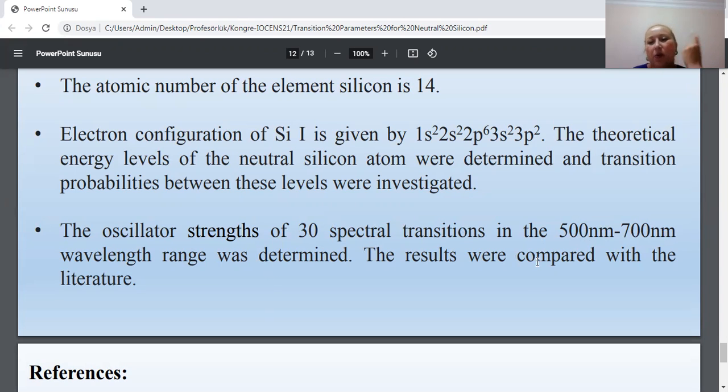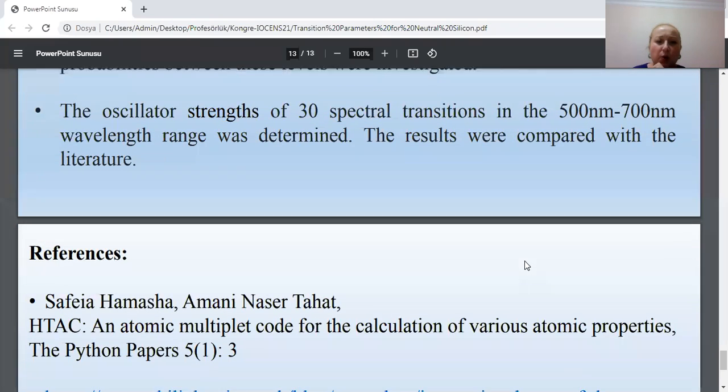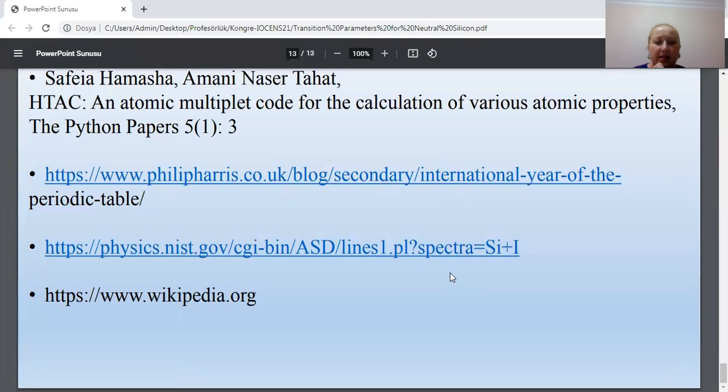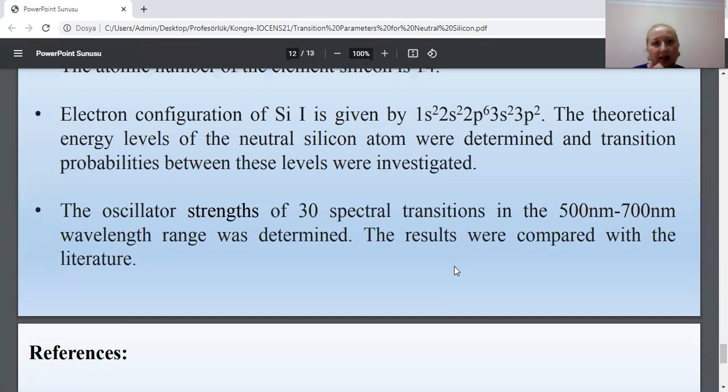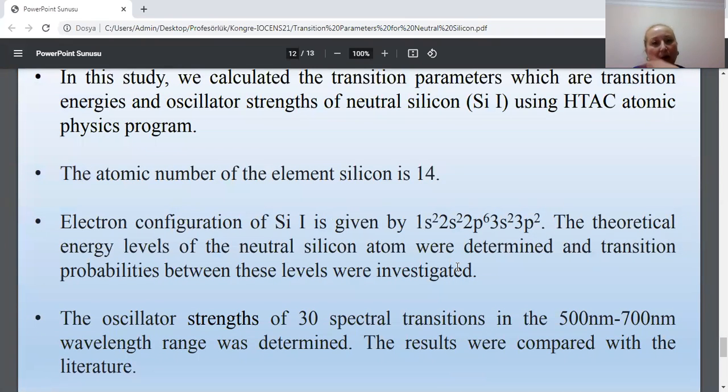The results were compared with the literature, with the theoretical results and also experimental results. So you can see the references. In the next talk, I will give more information to complete the transition probabilities for the neutral elements.